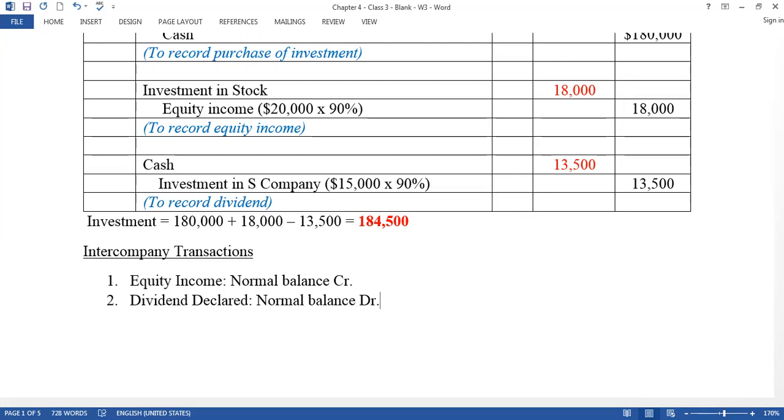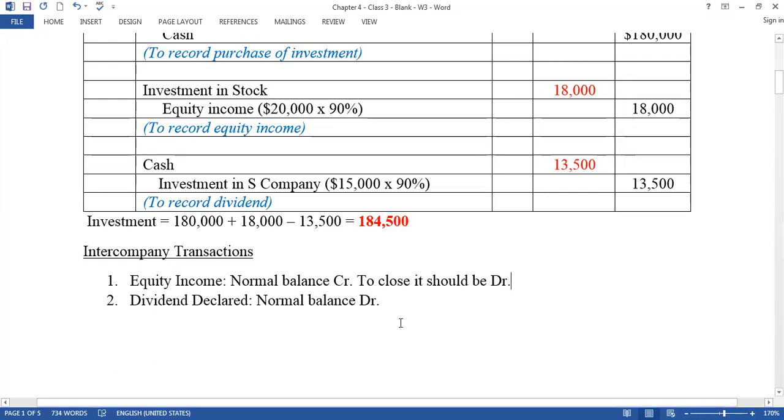So equity income and dividend declared, these two accounts are called intercompany transactions. We have to close them. Clear? So if equity income normal balance is credit, to close it should be debit, right?